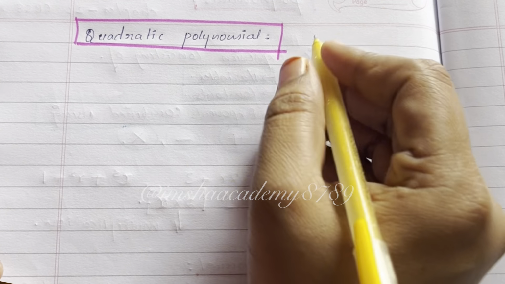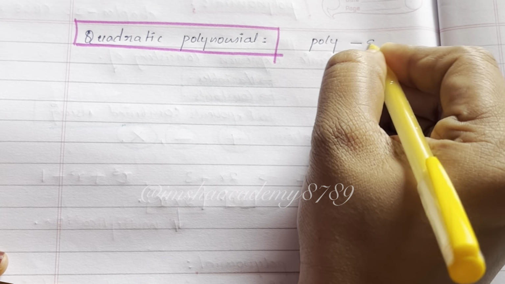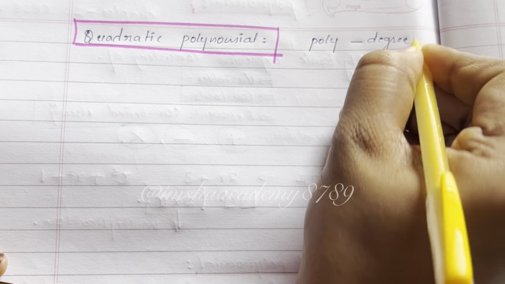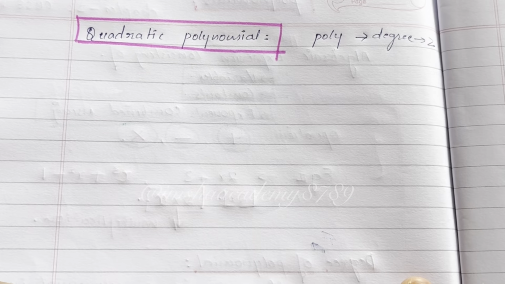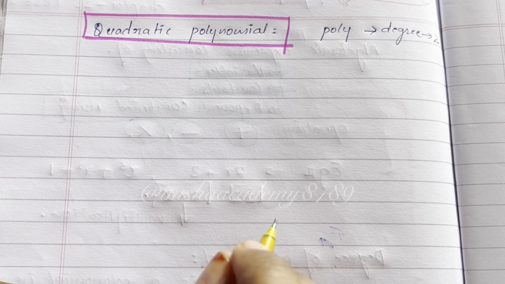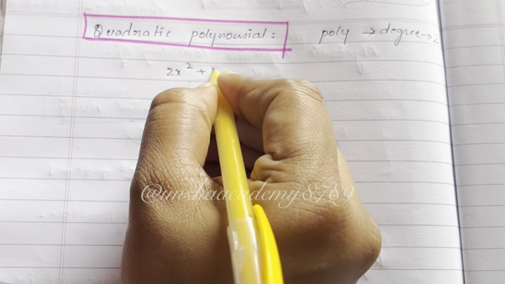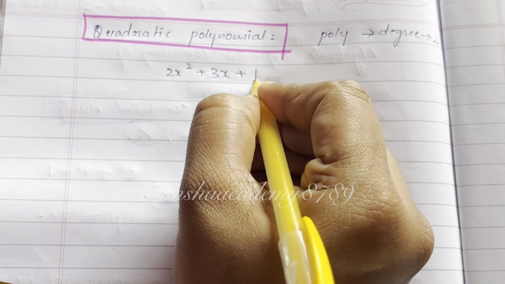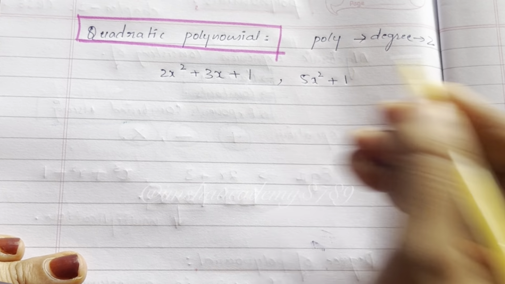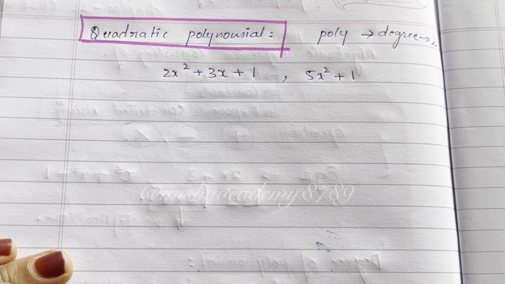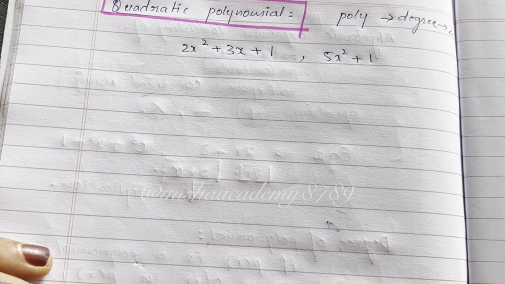A quadratic polynomial is nothing but a polynomial with degree 2. A polynomial with degree 2 is called a quadratic polynomial. For example, 2x square plus 3x plus 1, or 5x square plus 1. Such polynomials are called quadratic polynomials.